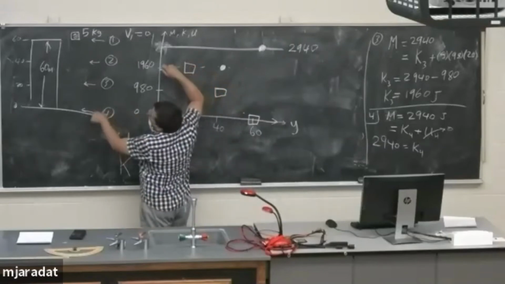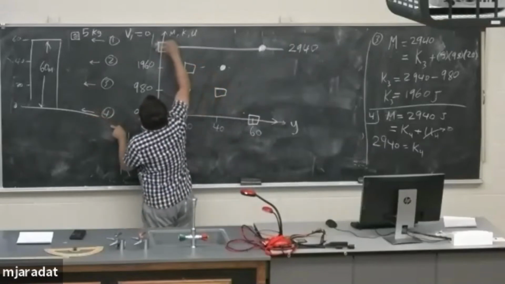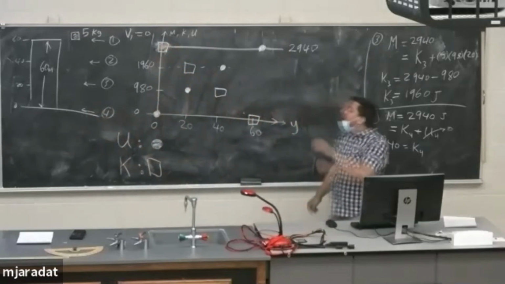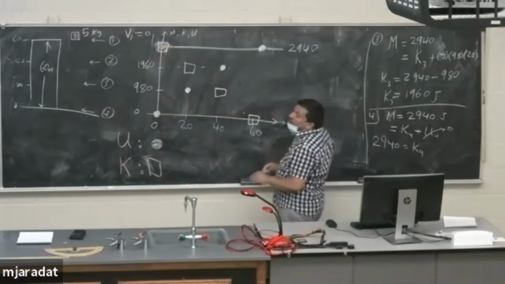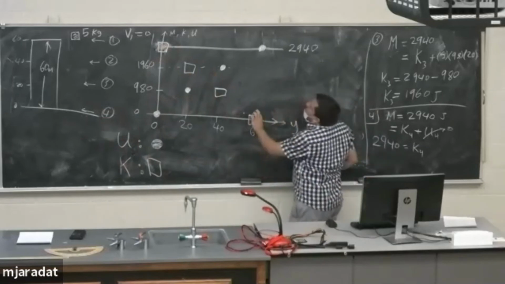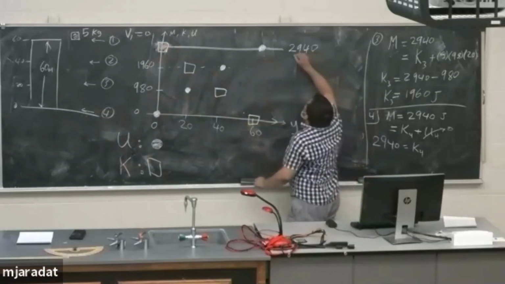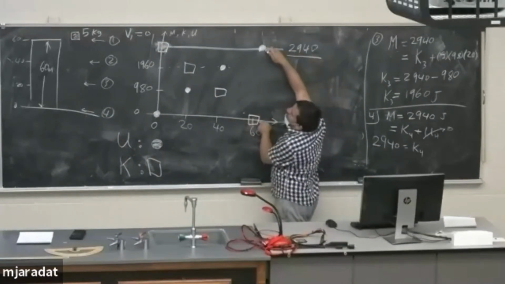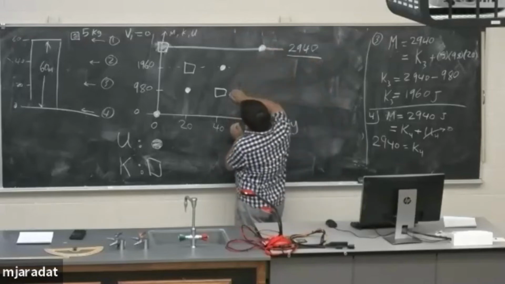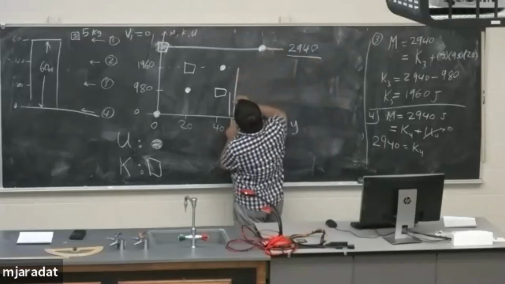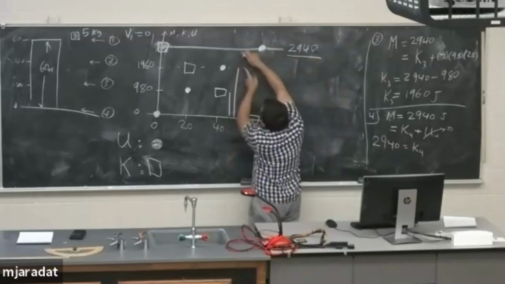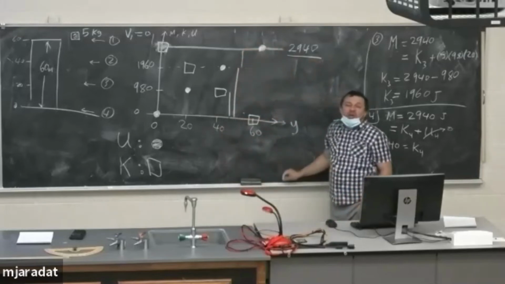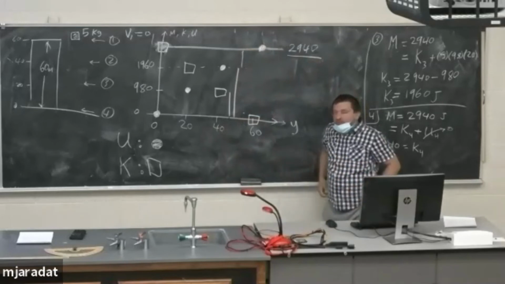Then the maximum value of the kinetic energy is at y equal to 0. At each point, if you add the square to the circle, it will give us 2,940. If you add this to this, it will give you all of this. Move this to here, it will give you the total energy. Because of that, our mechanical energy is conserved.